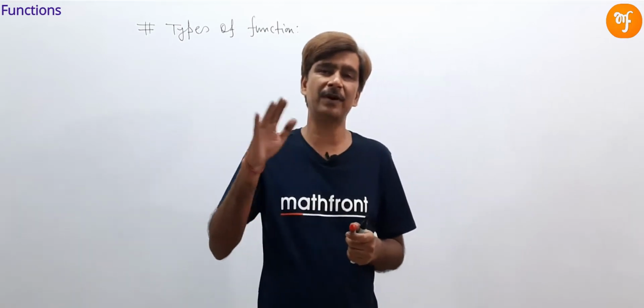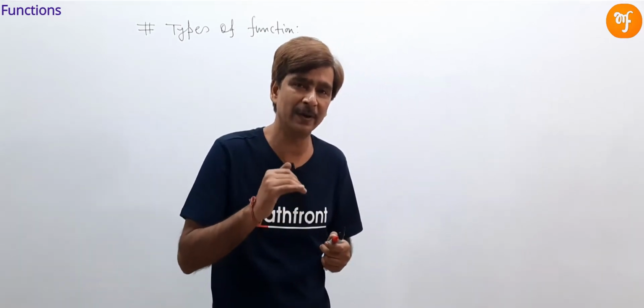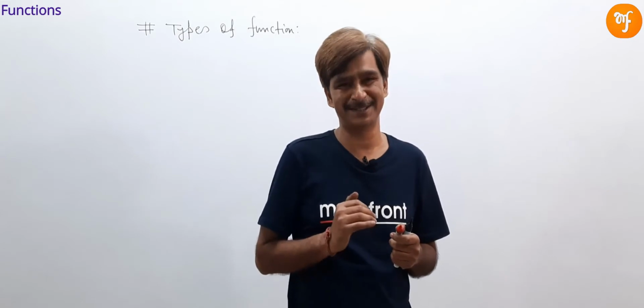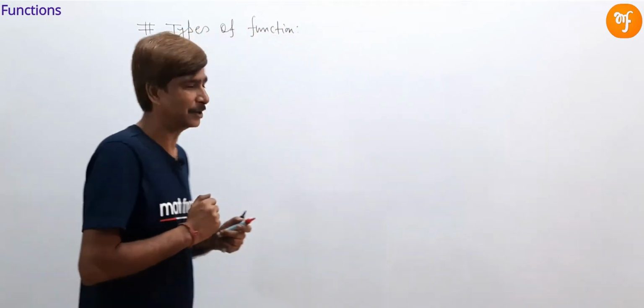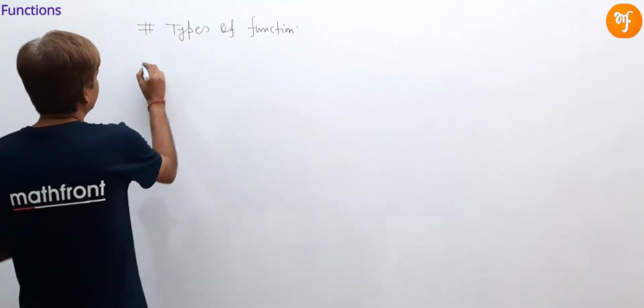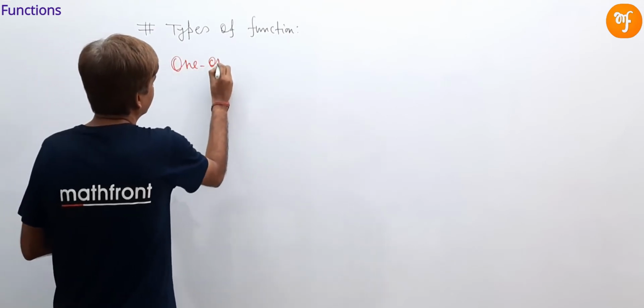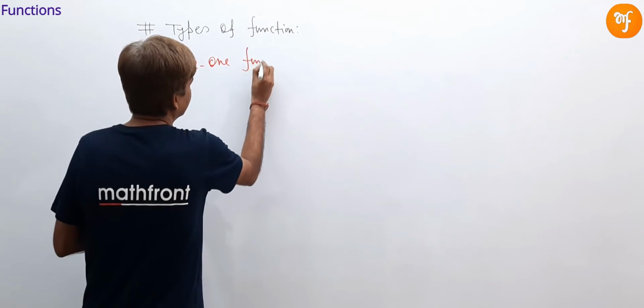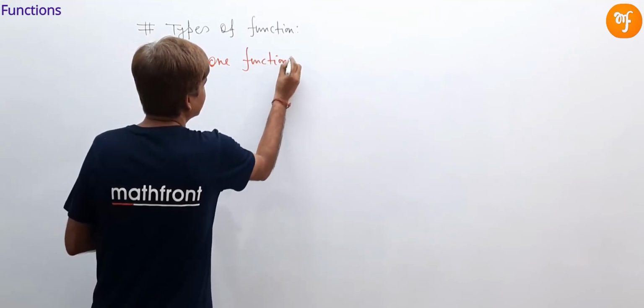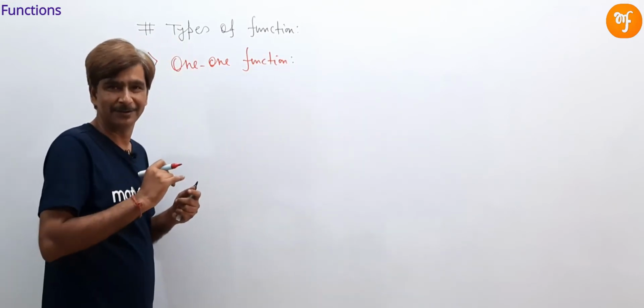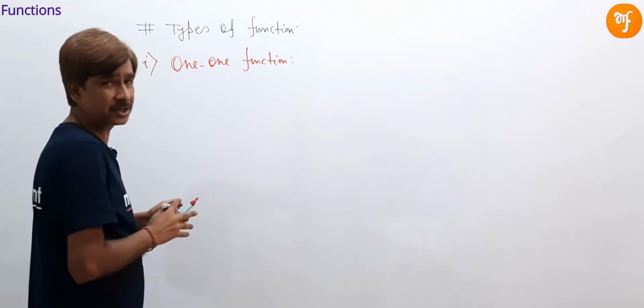One-one functions are functions where each and every domain element has different images. Okay, so please write down. First of all, one-one function. It is also known as injective function, is it not? So what is the definition?